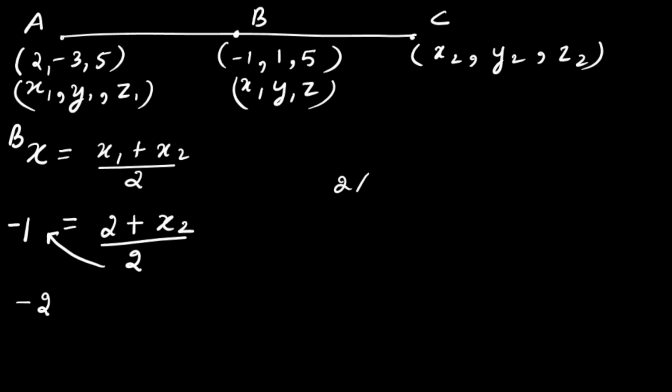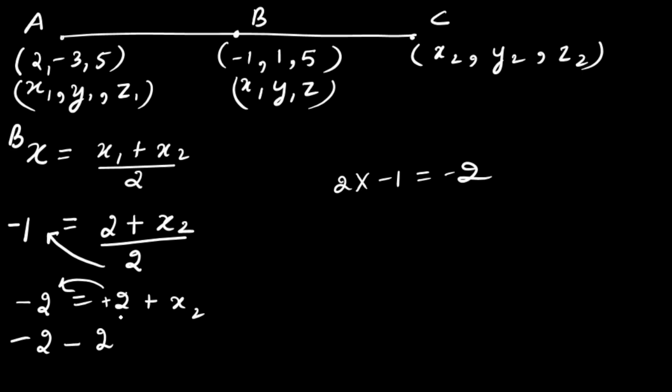On this side I have 2 plus x2. We have to find x2, so we shift 2 to the other side: negative 2 minus 2, because this is positive and when we shift it to the other side it becomes negative. So we get its value as negative 4. So x2 is equal to negative 4.